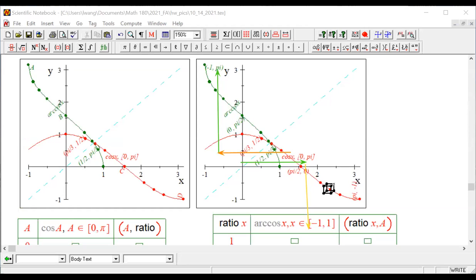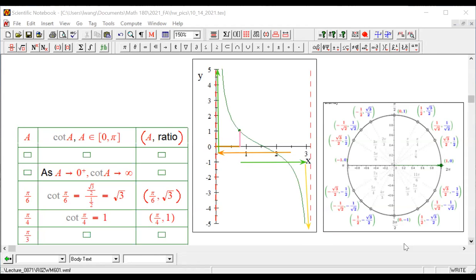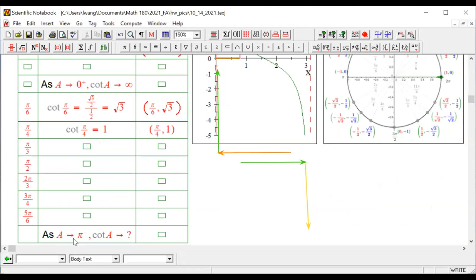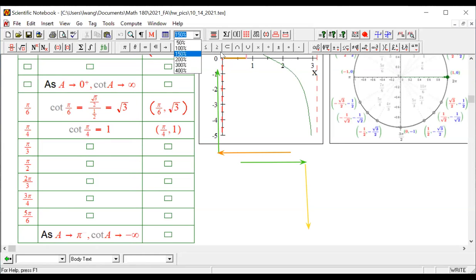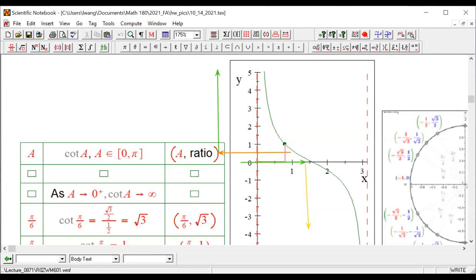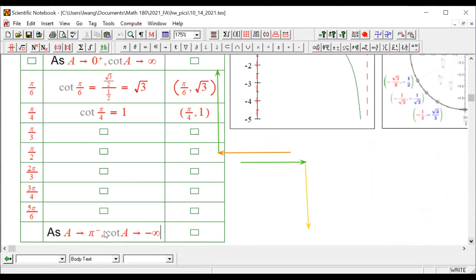Scrolling down, when A approaches pi from smaller than pi, there should be a little negative sign on the shoulder. So this will be approaching negative infinity.